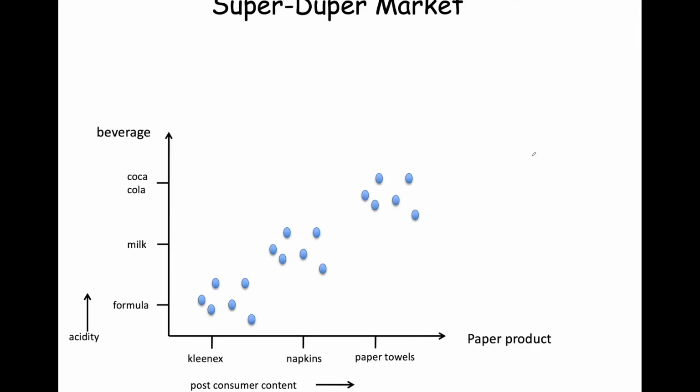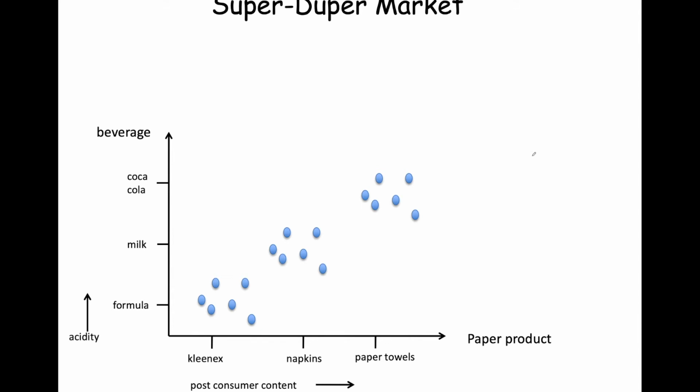So let's start with an application to drive this home, to motivate what unsupervised learning can do for you. Let's assume we have features that describe customer purchasing behavior. We go into a supermarket, and it has one feature that describes, along the horizontal axis, the so-called post-consumer content, the recycled paper products.